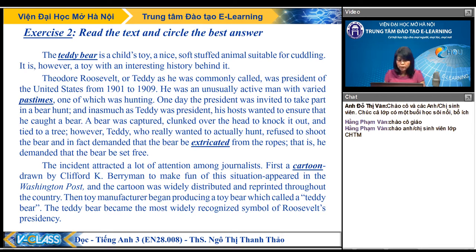First, a cartoon drawn by Clifford Berryman to make fun of this situation appeared in the Washington Post, and the cartoon was widely distributed and reprinted throughout the country. So what is it? It is a drawing with a message, right?